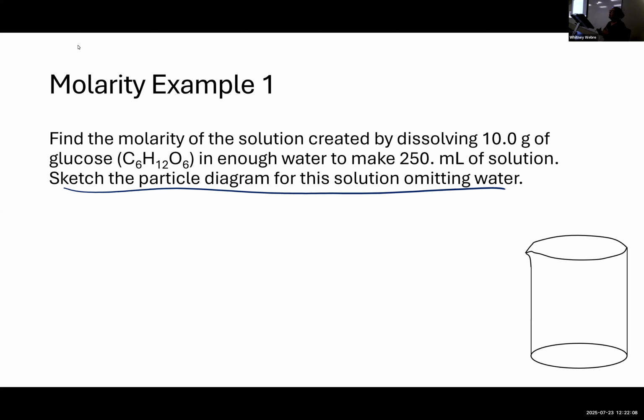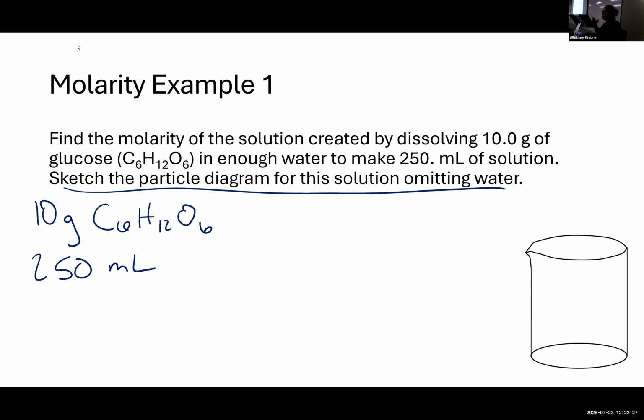Let's also think about the variables first. They're telling us I have 10 grams of glucose. And I know I have a volume of 250 milliliters. So those are the variables they give me. And I know if it's asking for molarity, capital M is moles of solute.